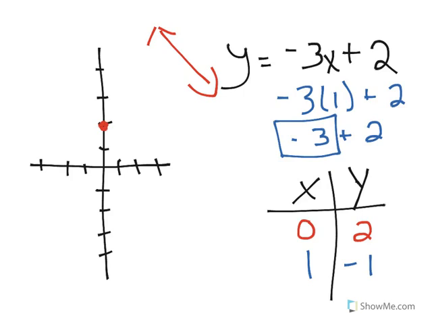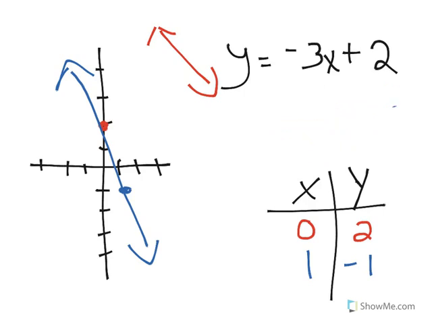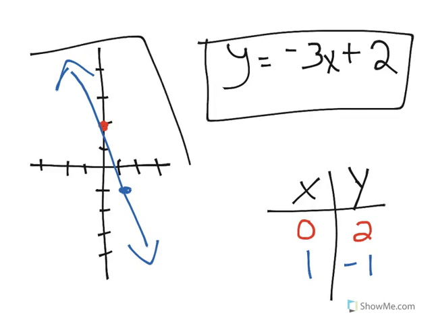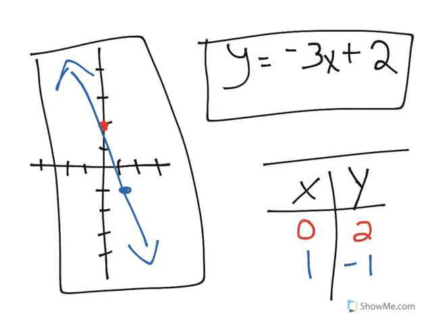So then I'm just going to go positive 1, negative 1, and that is my line. Again, I have my equation and my graph and my table all saying the same thing.